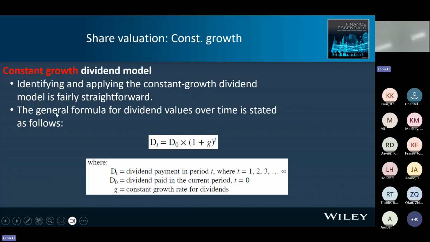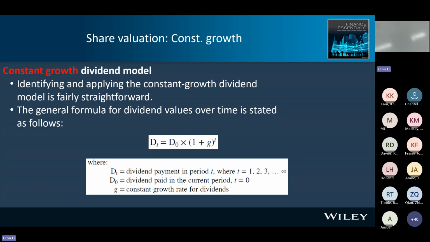Our dividend has a G, where G is the constant growth rate for dividend, DT is the dividend payment in period T, and D0 is the dividend payment in period 0, or today.